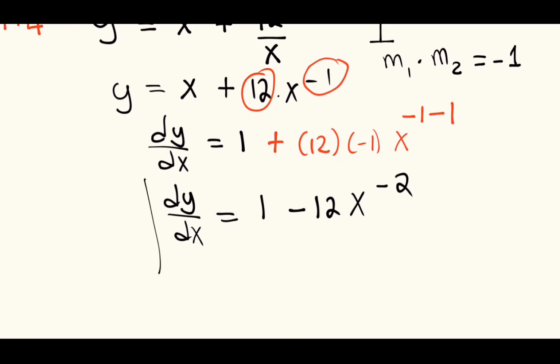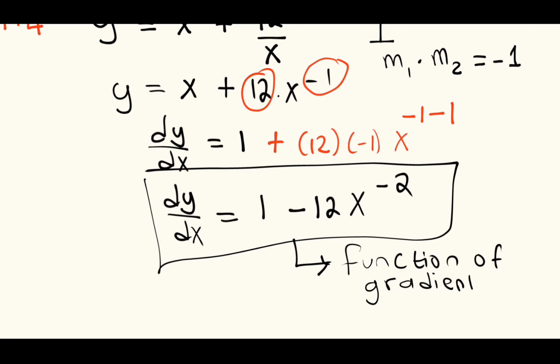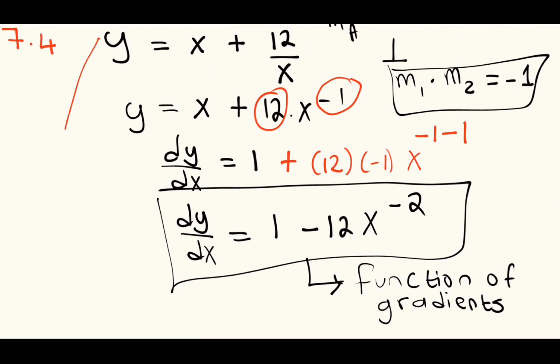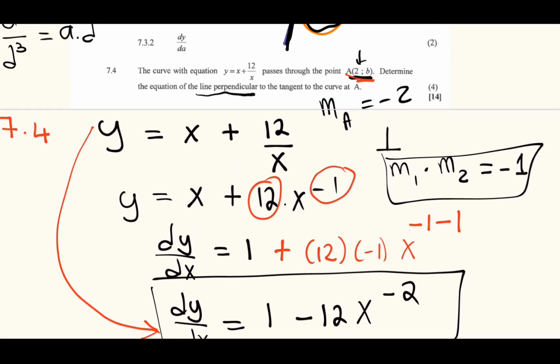So this function is our function of gradients. All the gradients of this function y are contained within this dy over dx. So if we want the gradient at this specific point 2 and b, we have to substitute this x value where there is x.